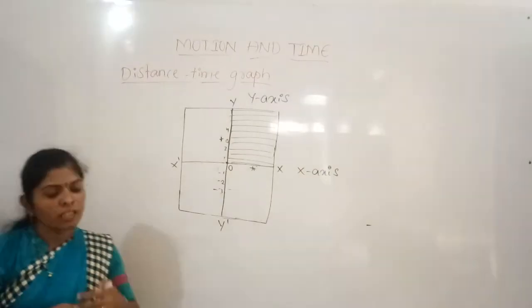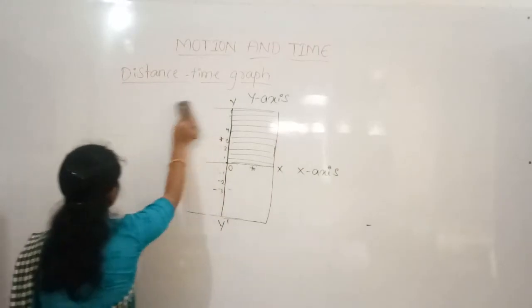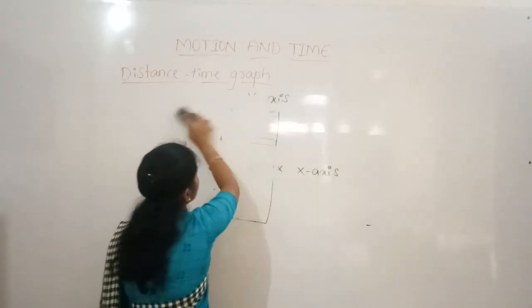Okay, and see, this is one rule, and then a table is given to you, the motion of a car. So for this, how to plot the graph? The values I will give, and with the rules I will explain how to plot the graph.